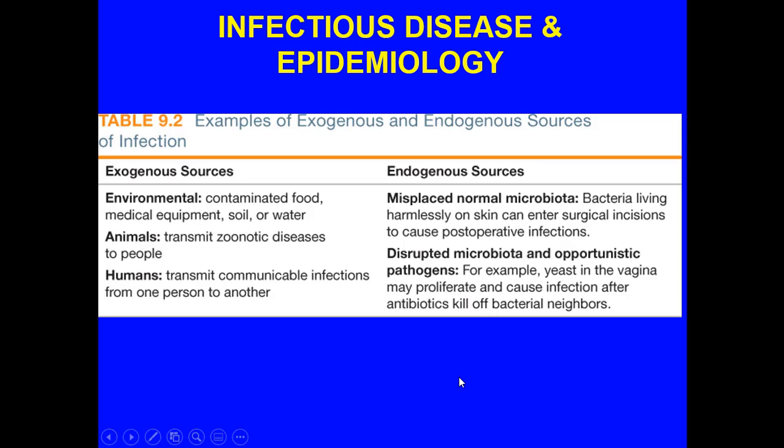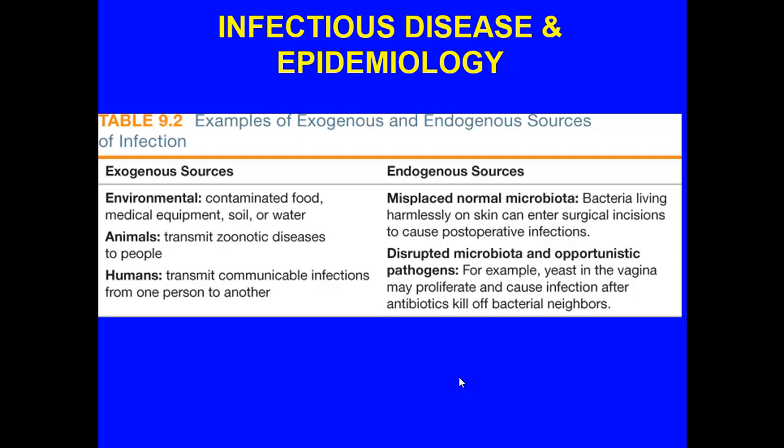So let me go over a couple of better examples to help you with this. Exogenous sources, for example, the environmental, could be contaminated food, water, contaminated soil, medical equipment. When we talk about animals, it could be animals that transmit zoonotic diseases to humans. If it's humans, they could transmit communicable infections from one person to the other.